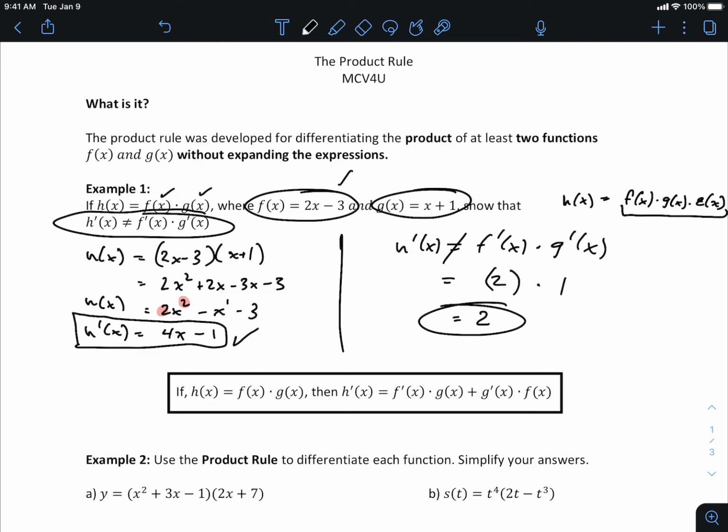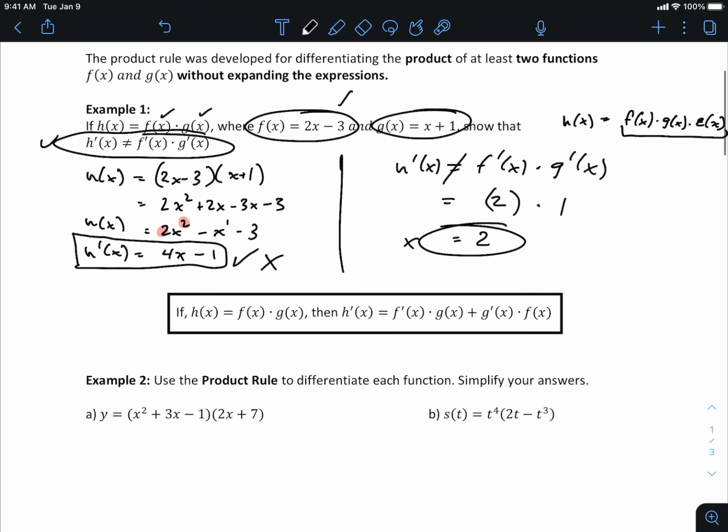Well, these two things don't match, right? And so this is the proof that this does not work. Okay, so it's okay to expand and then apply your power law, I suppose. But just know we are going to do something at the end of this lesson, because you're not going to want to expand this stuff and apply power rule. It'll just get longer and longer.